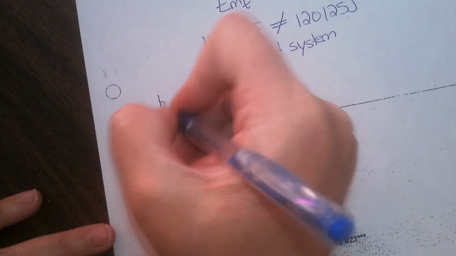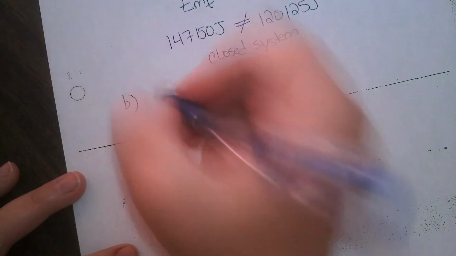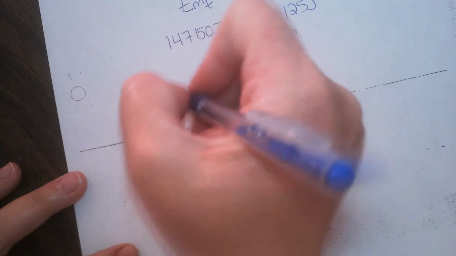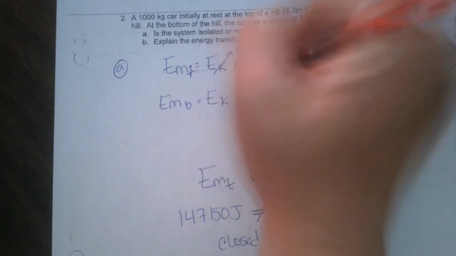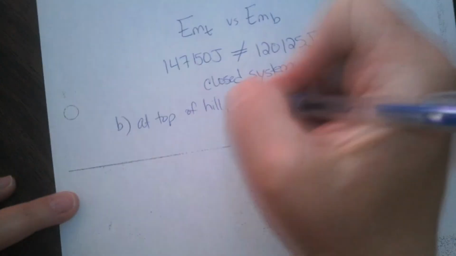And so, to answer B, explain the energy transformations that occur. At the top of the hill, we said that there was only potential energy.